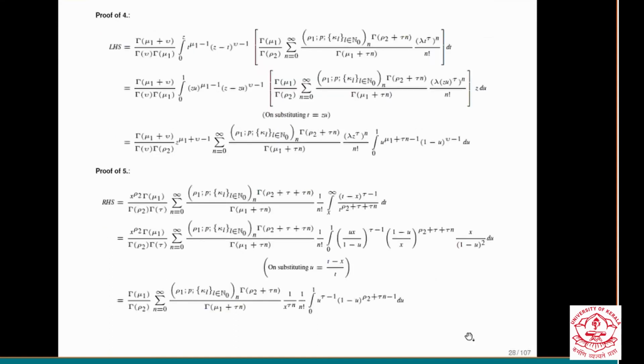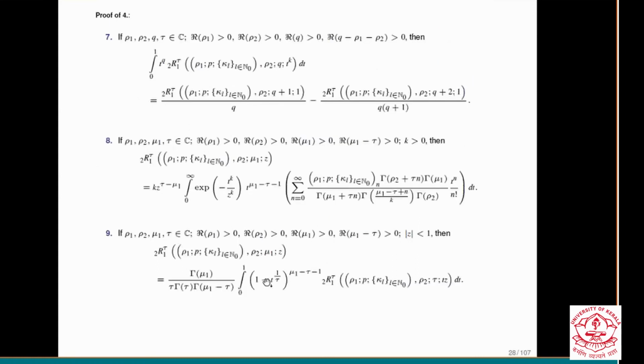We also give the proof of the 4th result, and this is the proof of the 5th one. Now the seventh relation is this integral property, the eighth one is this, and here this is your ninth one.